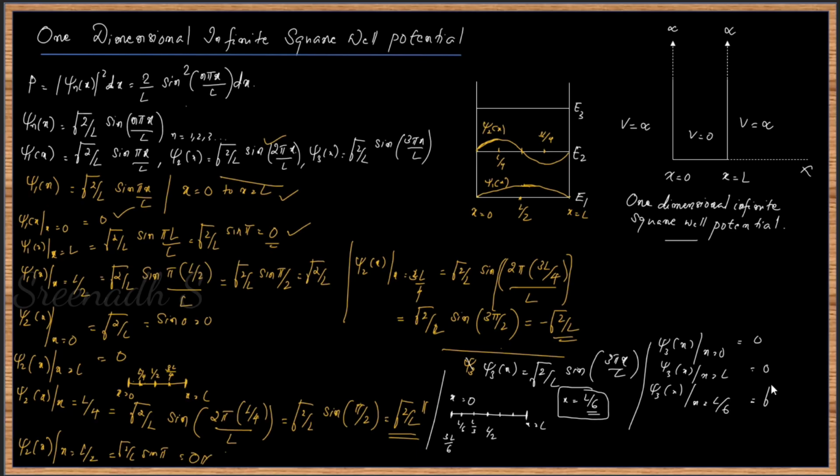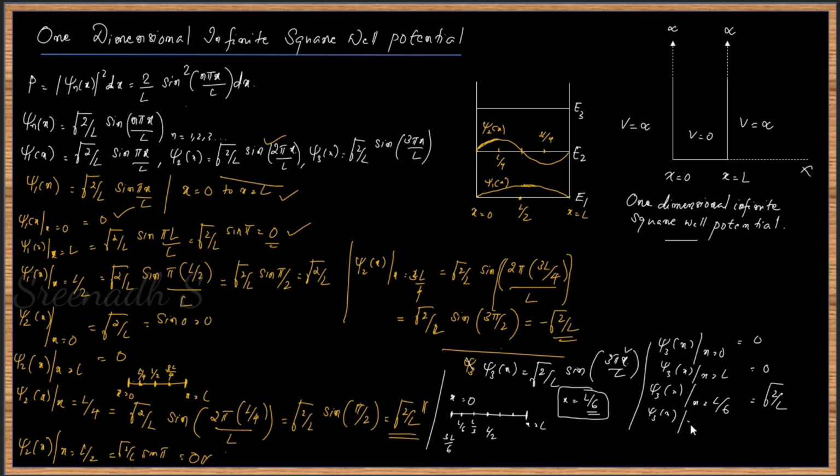And for L by 3, substituting x equal to L by 3, we get sin pi, again 0. So psi 3 of x at x equal to L by 3 is 0.